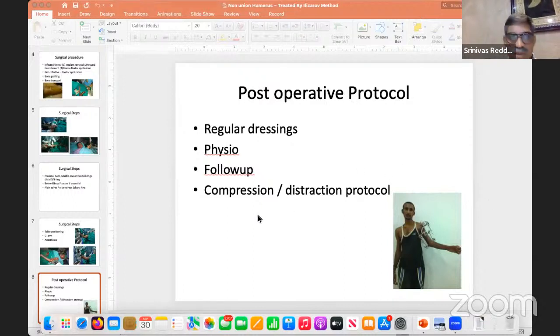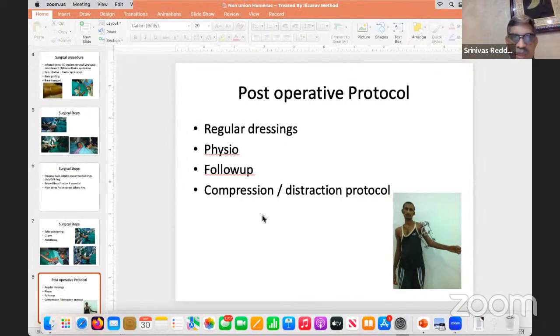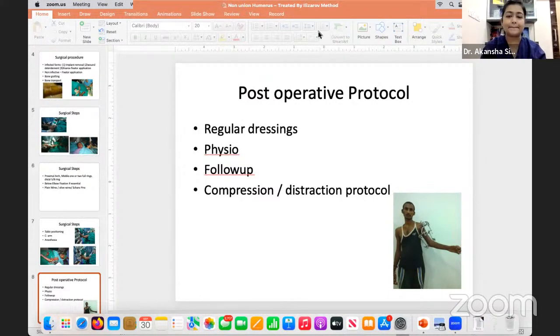Cases, Akansha? Yes, sir. You're having cases? Yes, sir. I do, sir. If you would like, I can share my screen, sir. Yeah, you share it. Okay, sir. So please unshare your screen, sir. Stop sharing. Yes, sir.